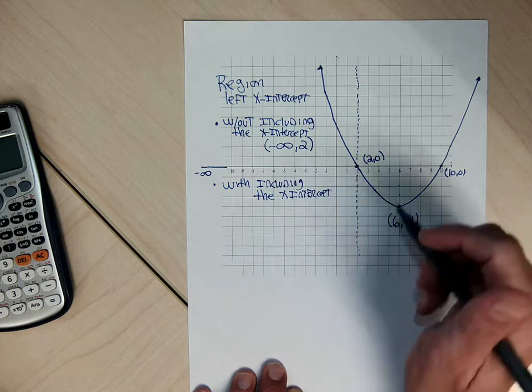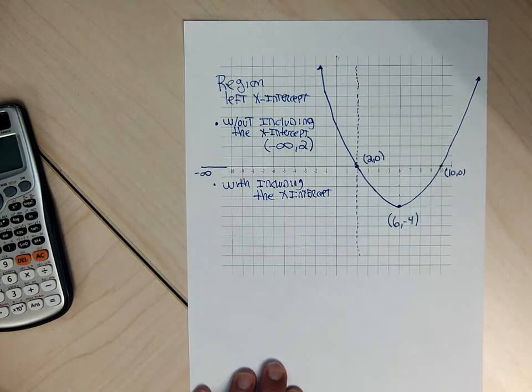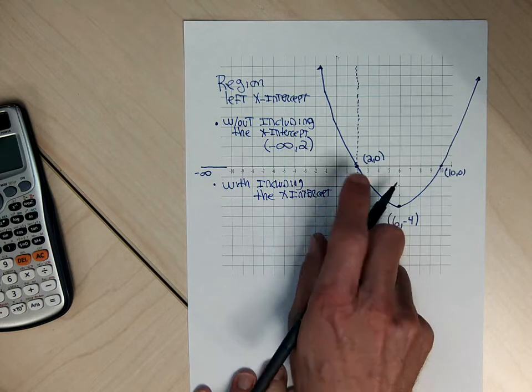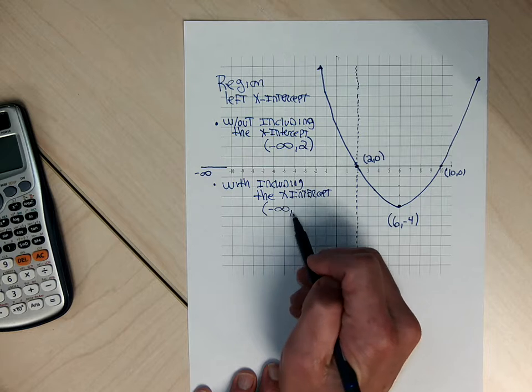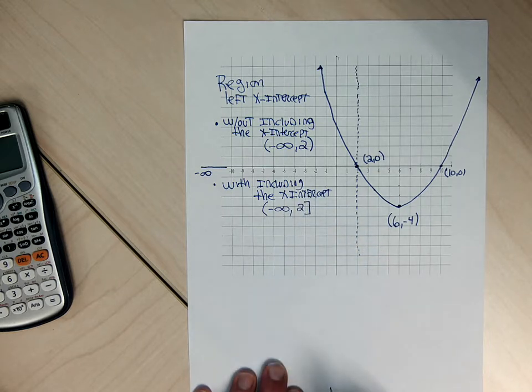So this includes something that's microscopically close to the point (2, 0), but not the point (2, 0) itself. If I wanted to describe this region to the left of the first x-intercept, and I wanted to include the x-intercept, I'd square bracket the x-intercept.